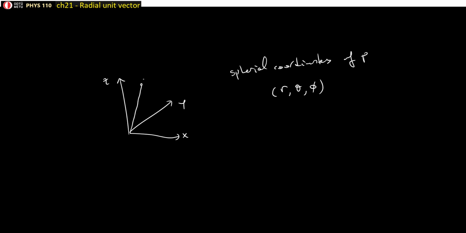So if that's the point and r is that distance, theta is the angle with the z-axis, and phi is the angle of the projection of that point on the xy plane, this angle in here. Basically this is just an alternative set of three numbers that shows the precise location of that point.